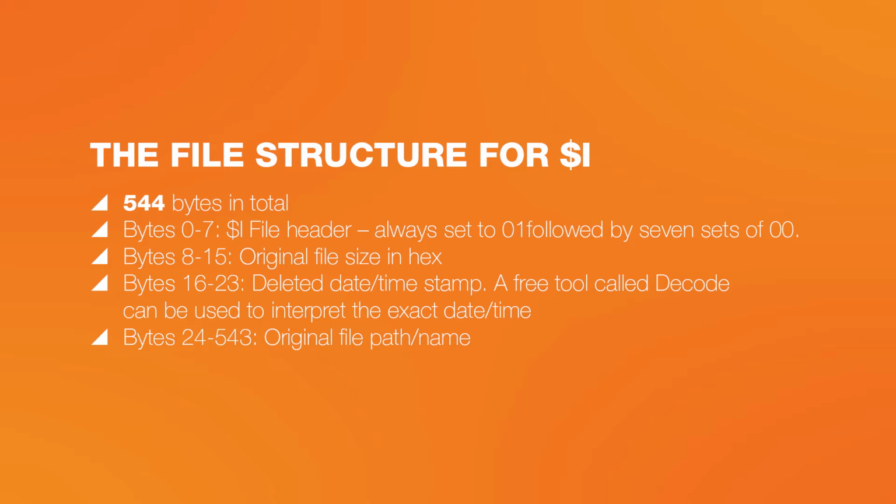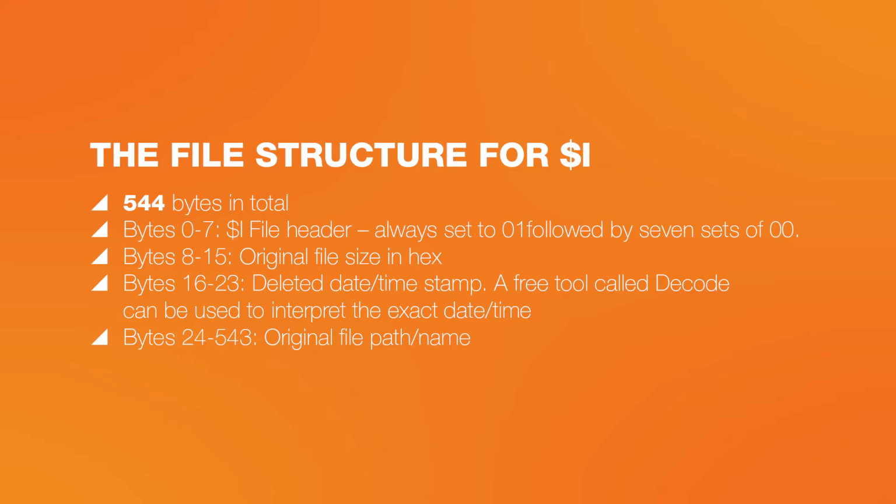A matching metadata file is created with its file name beginning with $I followed by the same set of random characters and extension as the $R file. This $I file is always 544 bytes long and contains the information of the original file name, path, original file size, and the deleted date and time that the file was moved to the Recycle Bin.